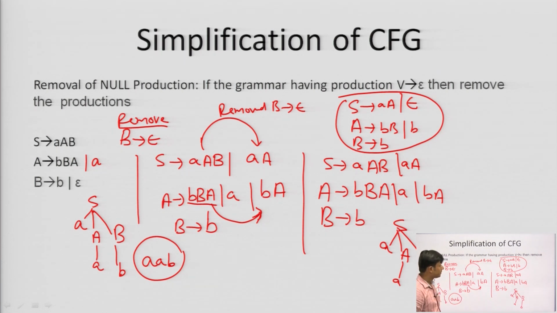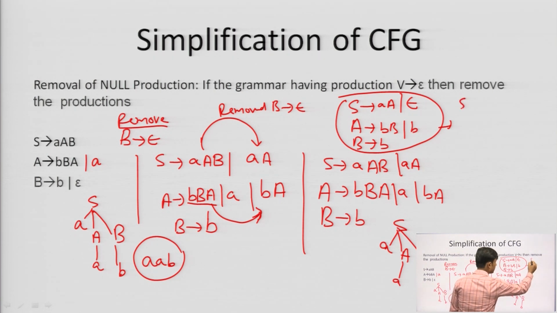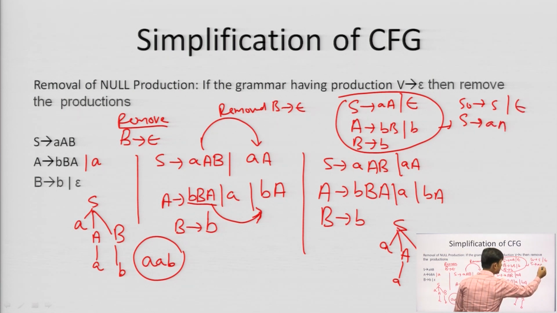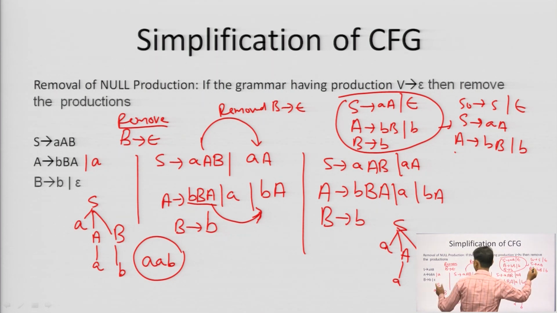So, we could not remove this one, we take a starting symbol from there. So, we can do it like this. How to remove? You have to take S0 to S, then this is epsilon, then S to A, then A to B, then B, and A to B is A to whatever grammar is written, same thing you have to write B A, and this is A, and here is the B.